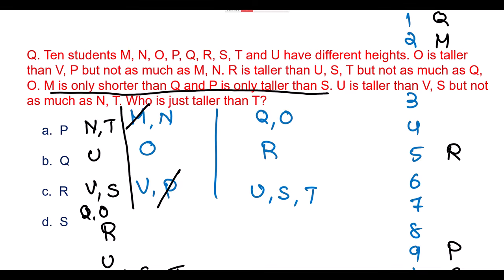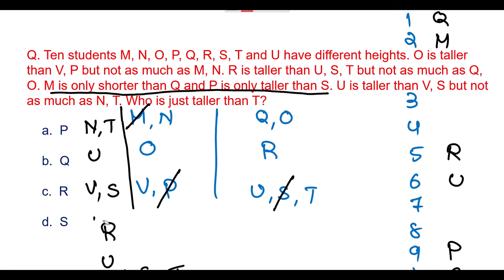M is at the top. N and T must be taller than U. U is taller than V and S, so U must be here. S is already satisfied. No worry about that.